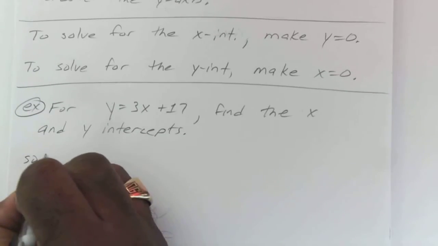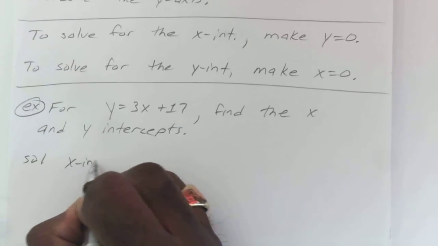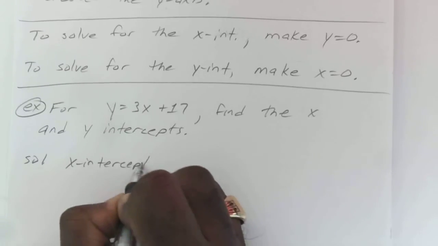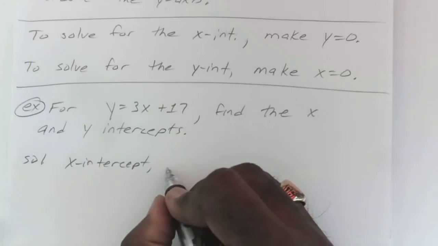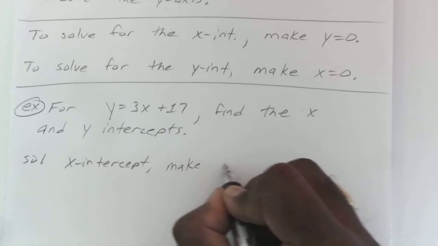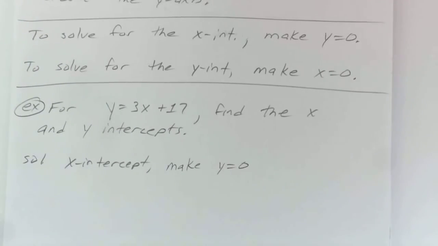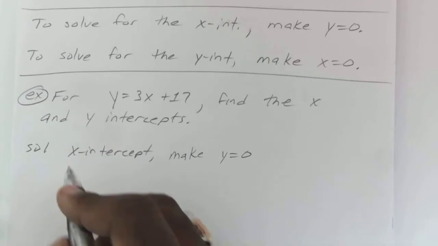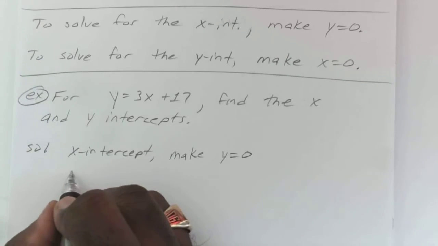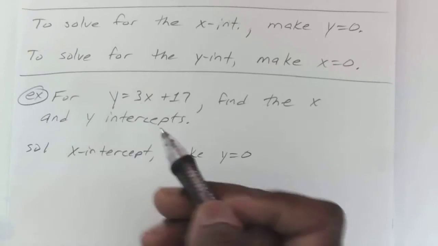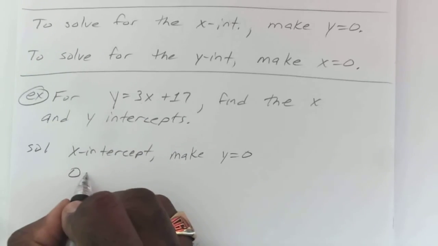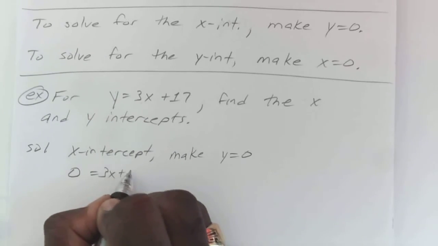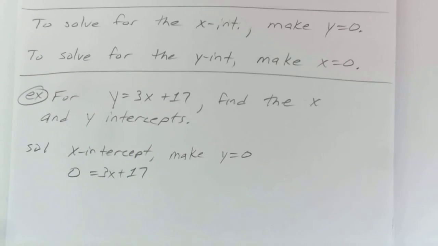For your x-intercept, you make y equal 0. So instead of 3x plus 17, you have 0 equals 3x plus 17. And you solve for x.